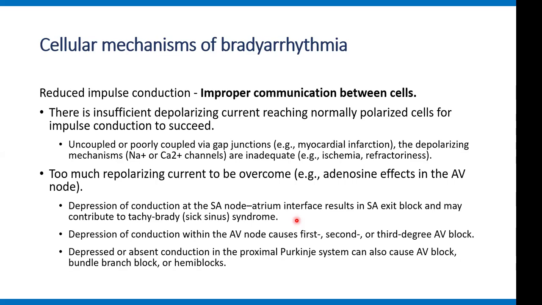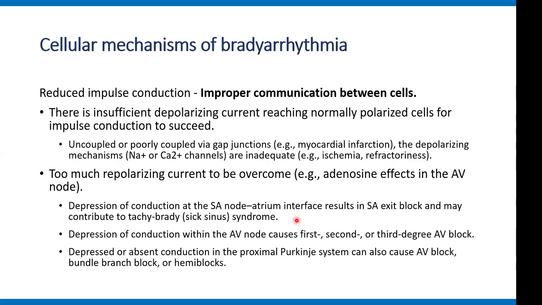Okay. The other thing is that the repolarizing current is too high or too much to be overcome. So the effect of adenosine in the AV node, like I mentioned earlier on.